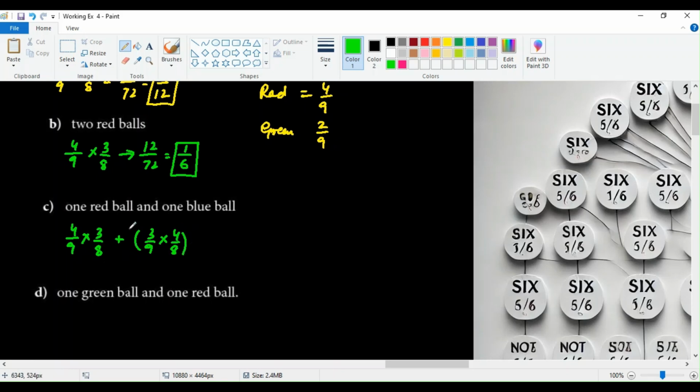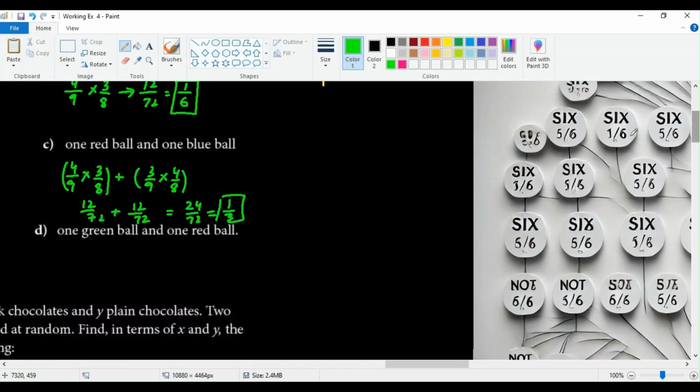These are going to be summed up. So this gives us 12 over 72, and this one is also going to give us 12 over 72. So finally, it's going to be 24 over 72, which is going to give us 1 over 3 as the answer for this question.